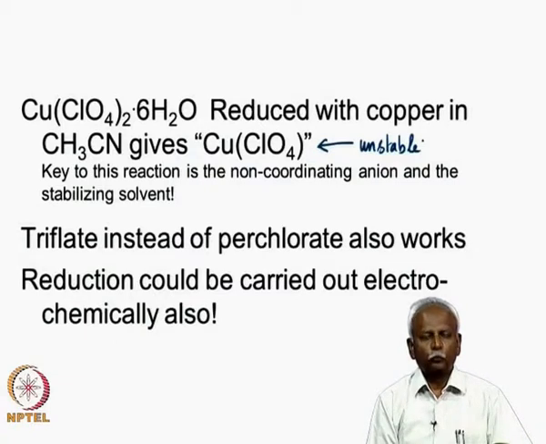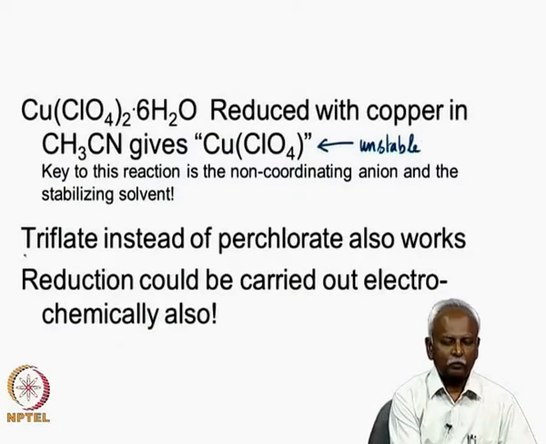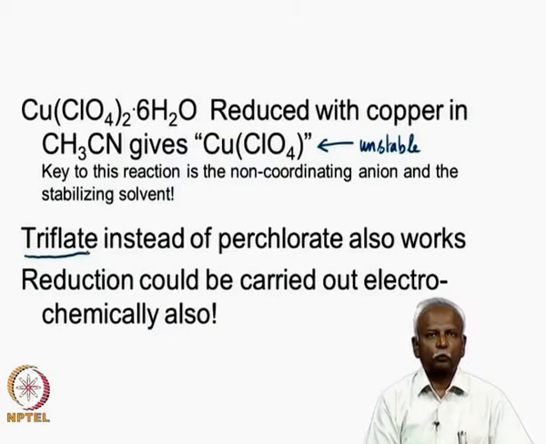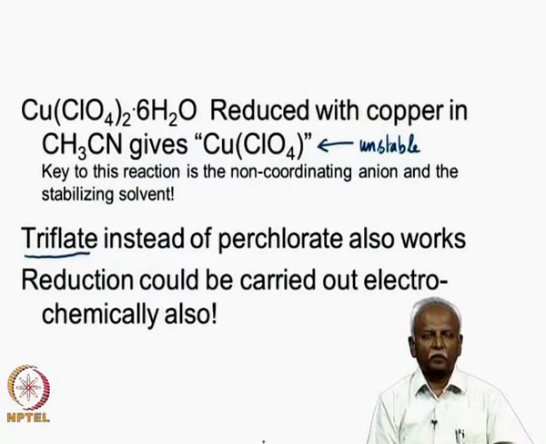One can use other non-coordinating anions very conveniently. The other counterion which is very commonly used is triflate. So, copper 2 triflate is taken, and the reduction is carried out with copper metal, which is the most convenient because no other interfering metal is present in the medium.